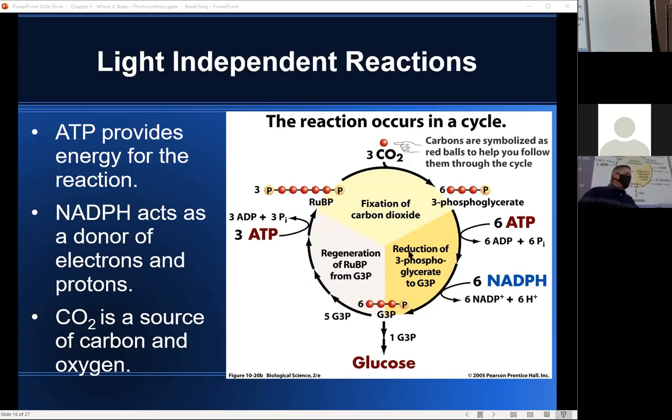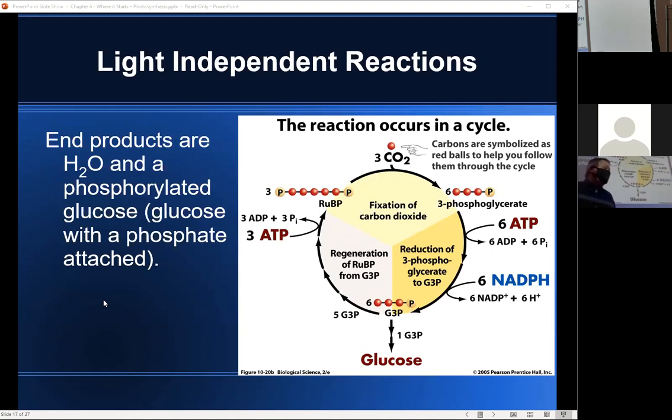All right, so we're going to use ATP from the light-dependent reactions to provide energy. We're going to use NADPH from the light-dependent reactions to provide electrons and protons. We're going to use CO2 from the air as a source of carbon and oxygen to make glucose.